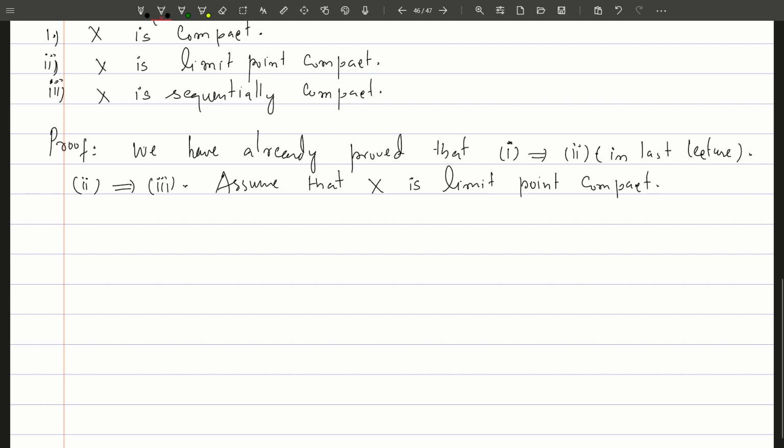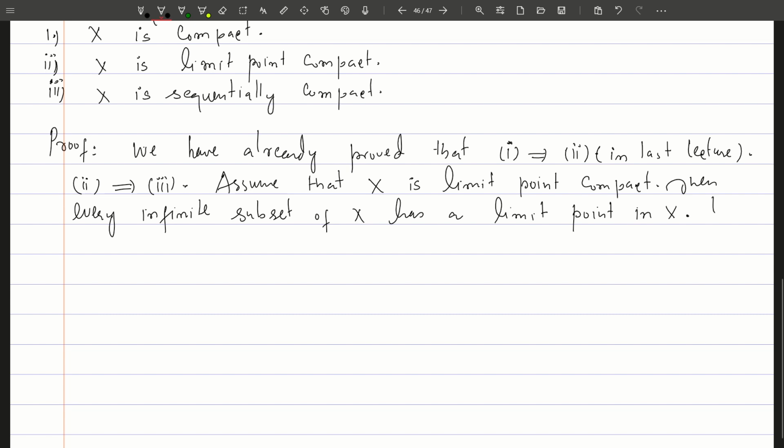Then every infinite subset of X has a limit point in X.